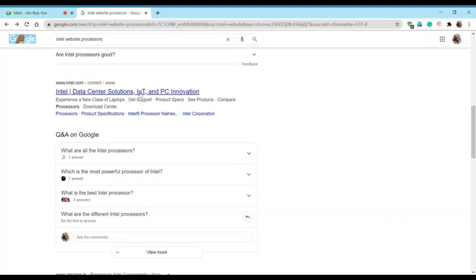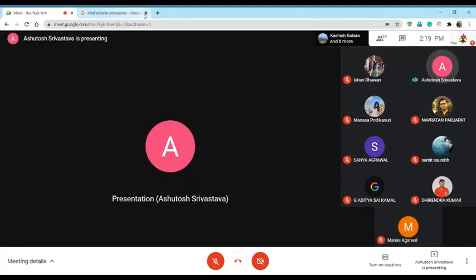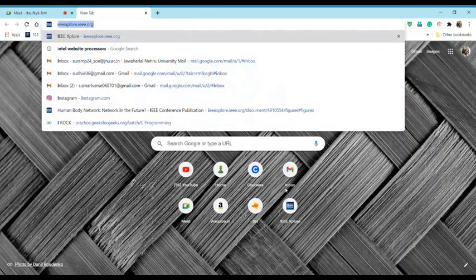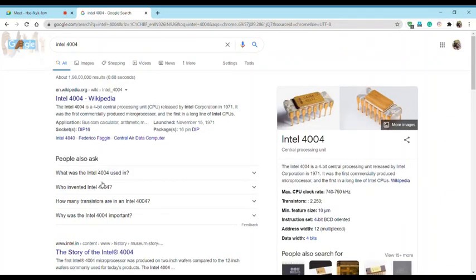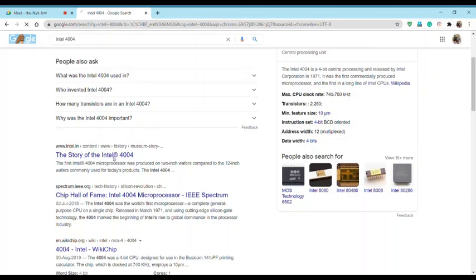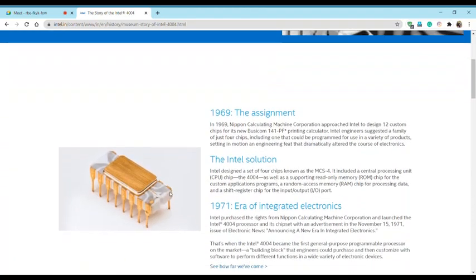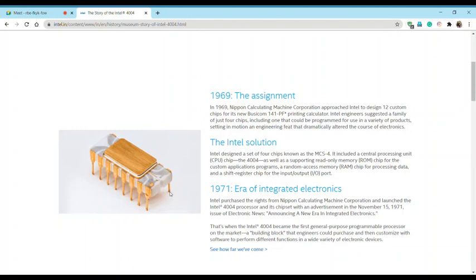Can you see this? Is this visible? Sir, it's a black screen. Sorry, just a moment. Can you see this? Yes, sir.